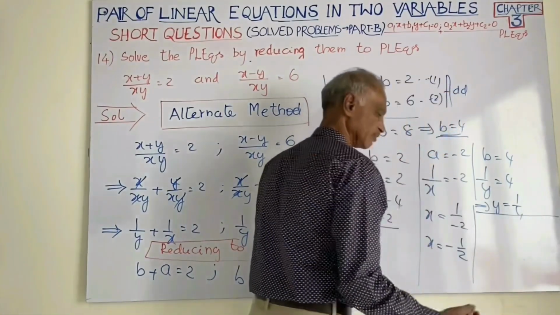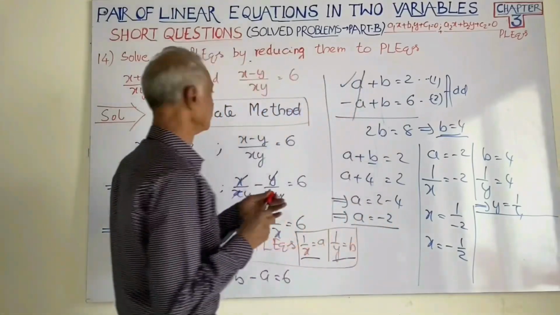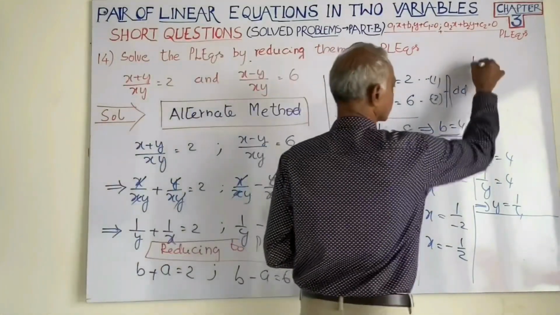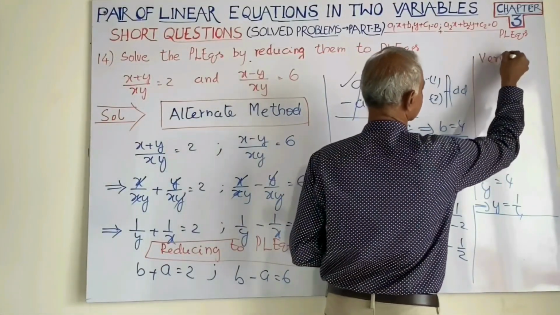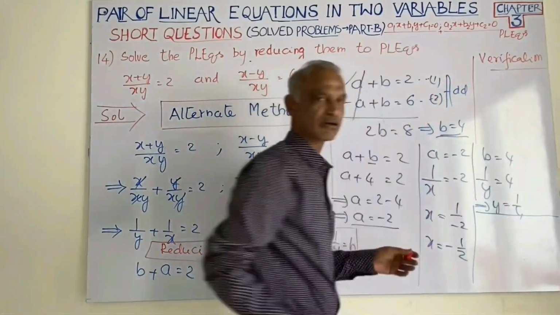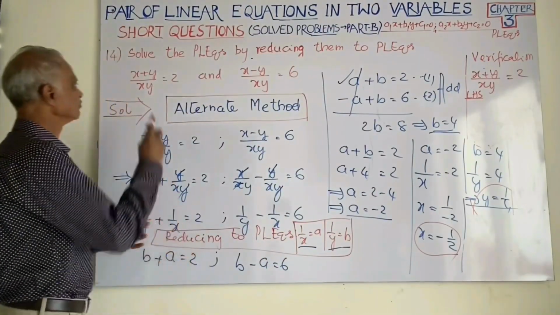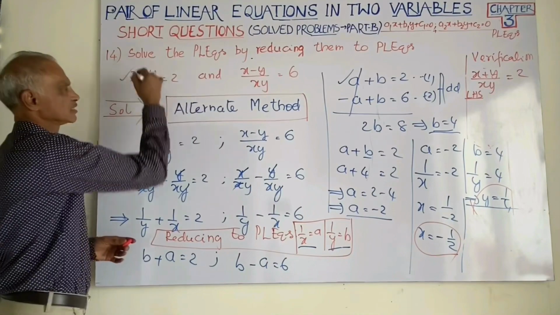We have to verify whether our answer is true or false. Verification. You substitute the values of x and y in one of these two equations. I will take this equation.